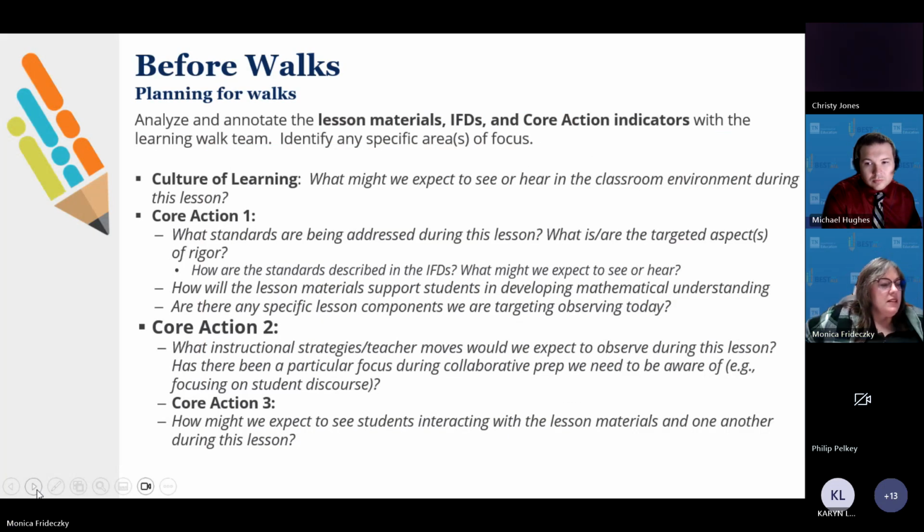So here's some things that we need to know and be prepared for before we even walk. Here are some things that you might do before you actually implement math learning walks.